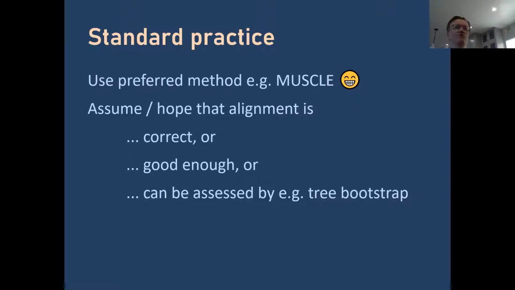We rely on alignments a lot, but for the most part, we don't know how good they are, and we don't really have statistical methods to deal with any errors in the alignment. And that's what this method I'm going to describe today is designed to address.